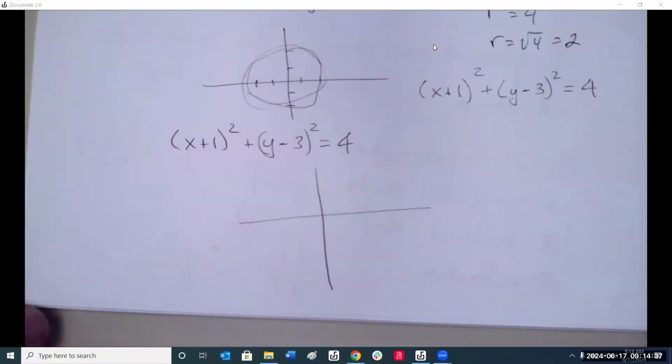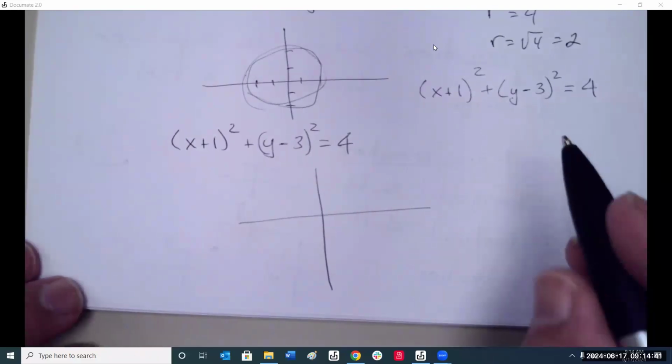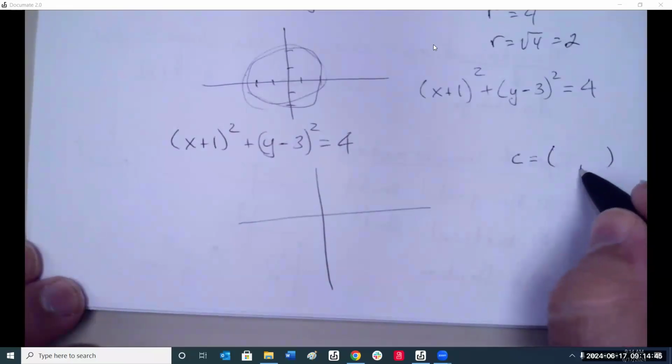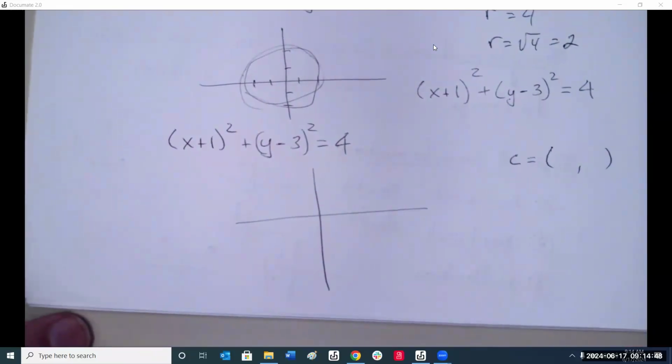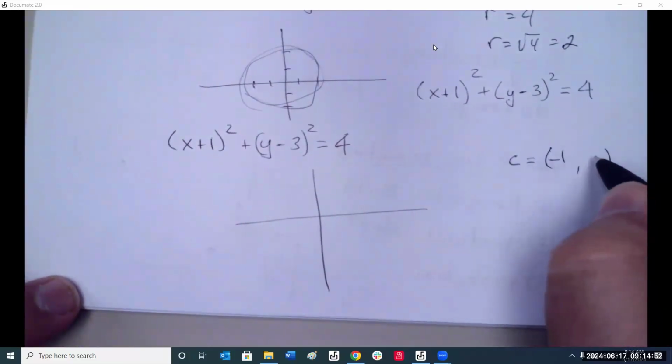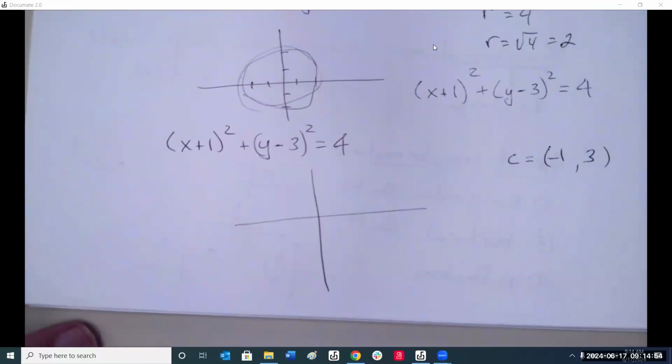So where does this graph move? What's my center? Yes. How did you find that?